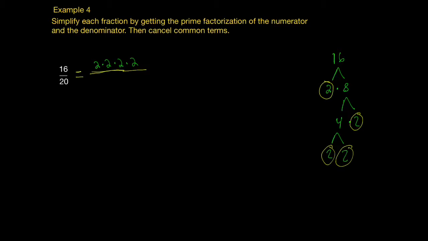Let's do the same thing for 20. So 20, I can say that this is the same thing as 2 times 10. So I have a prime on the left being 2. And then 10 is the same thing as 5 times 2. And 5 is prime, 2 is prime. They're all prime because the only possibilities are 1 and itself.